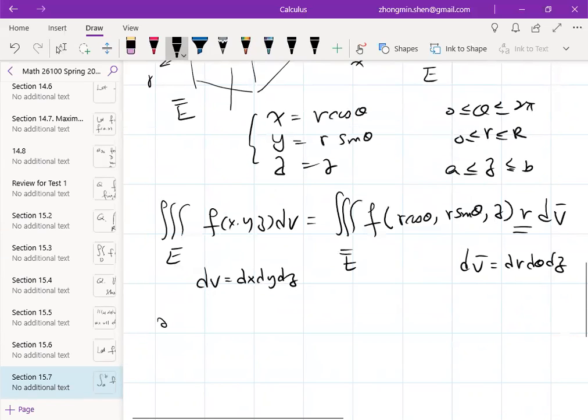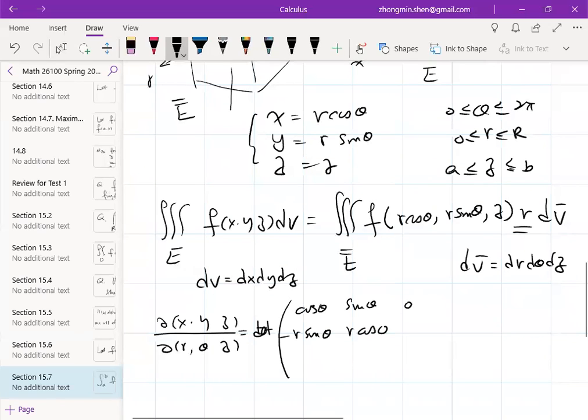Let's do this computation. We have x, y, z and r, theta, z. When you compute the matrix determinant, the derivative with respect to r, r is first, would be cosine theta, sine theta, and 0. The second one is the derivative with respect to theta, so it's negative r sine theta, r cosine theta, and 0.